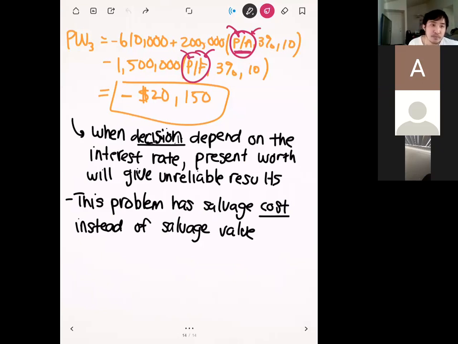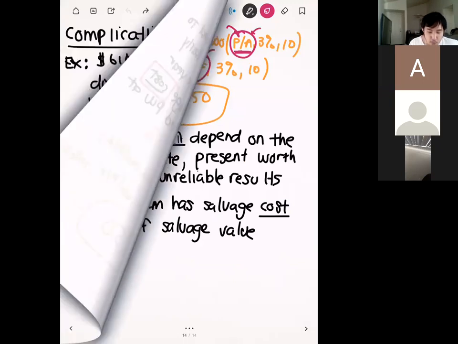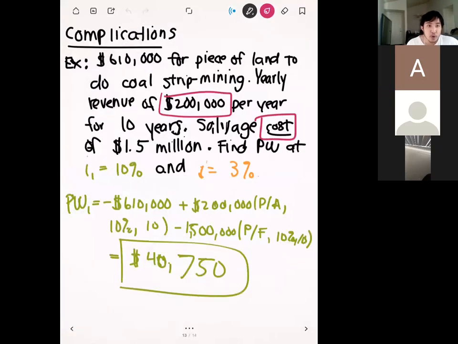But doesn't that mean that we lose money on one and the other one is beneficial? Yes, that's exactly it. Based on the interest rate, for one we make money and for the other we lose money, so you don't really know. In these particular cases, we need to use a different analysis method, which we're going to cover over the next couple of weeks.